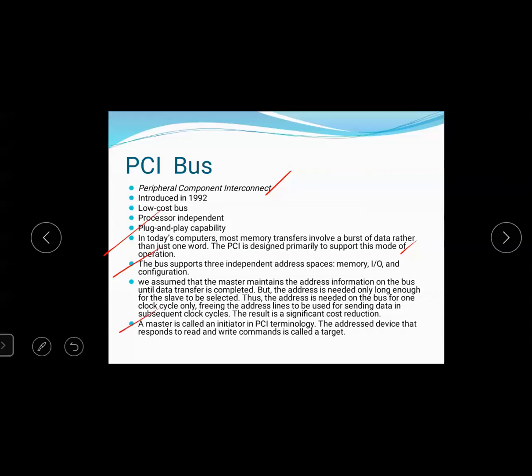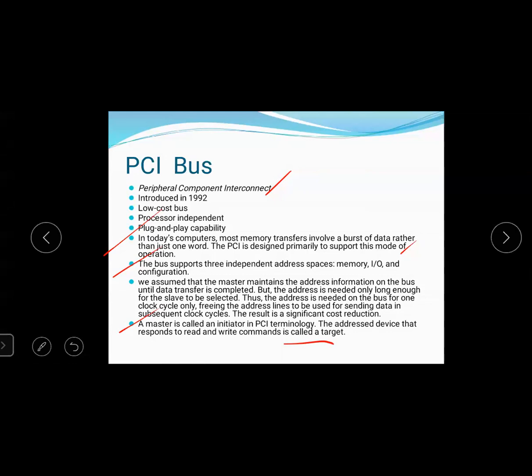I already discussed master and slave. A master is called the initiator. Who initiates the transfer is called the master, and who responds is called the slave. The addressed device that responds to the read or write command is called the target.